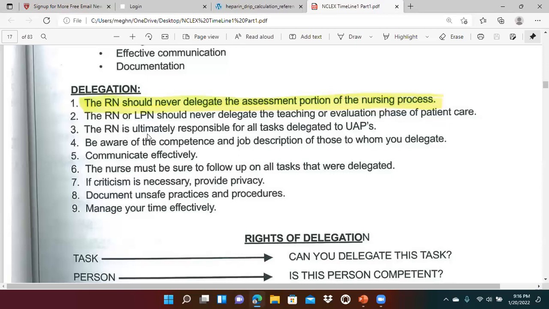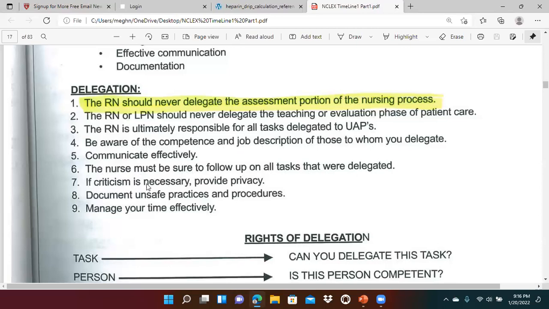The RN is ultimately responsible for all tasks delegated to CNA or UAP. Be aware of competence and job description of those to whom you delegate. Also, communicate effectively. The nurse must be sure to follow up on all tasks that were delegated.